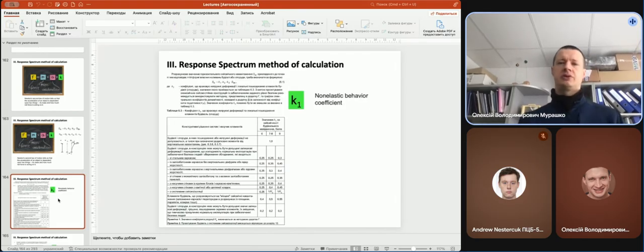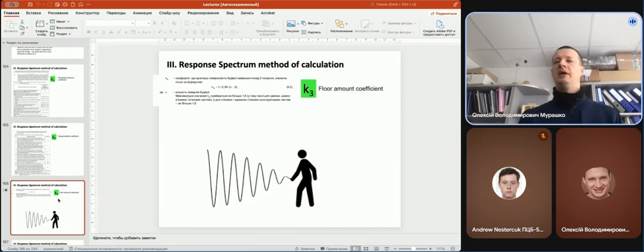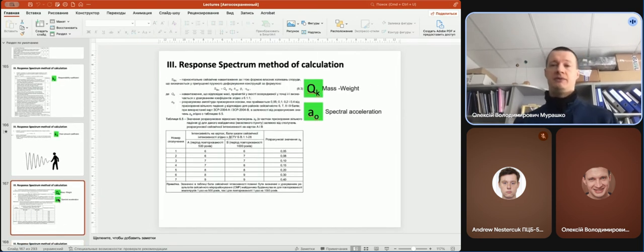And all the coefficients: K1, it's non-elastic behavior coefficient. K2, responsibility coefficient. K3, floor amount coefficient. This means that coefficient takes into consideration the impact of the amount of floors. So as the building becomes higher, the value of the K3 coefficient becomes higher.